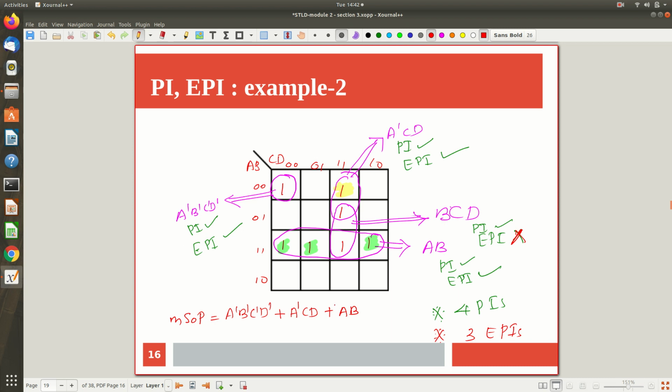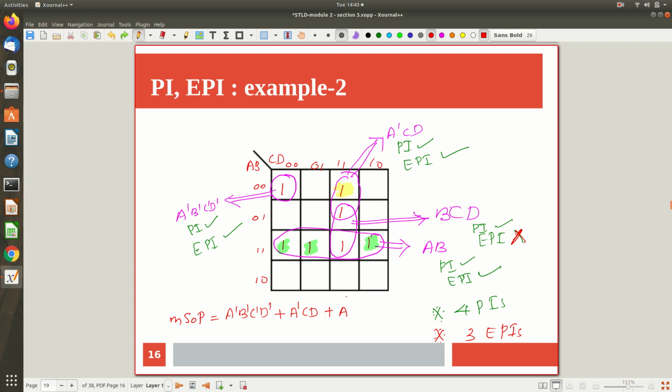Is it clear? Even if I remove this particular grouping, the remaining groups are still covering all the ones. So I don't have to take it. What we concluded is that this one you don't have to consider in the final minimized expression.